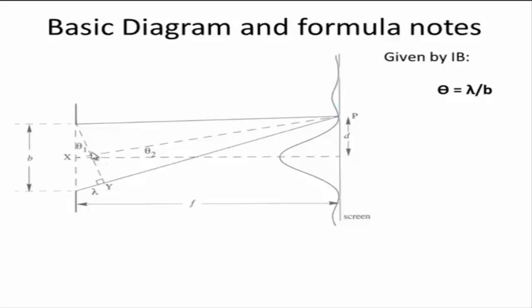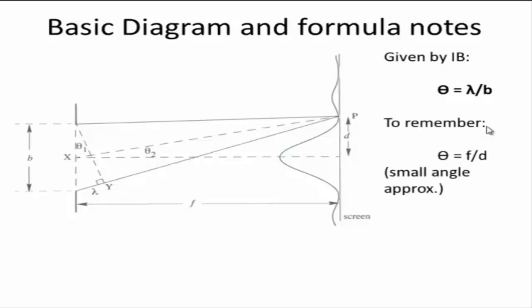Now, if I look at the angles here, as it happens, my first angle, angle θ1, is equal to the wavelength of the light divided by b. This is given by the IB, so this is the standard statement.